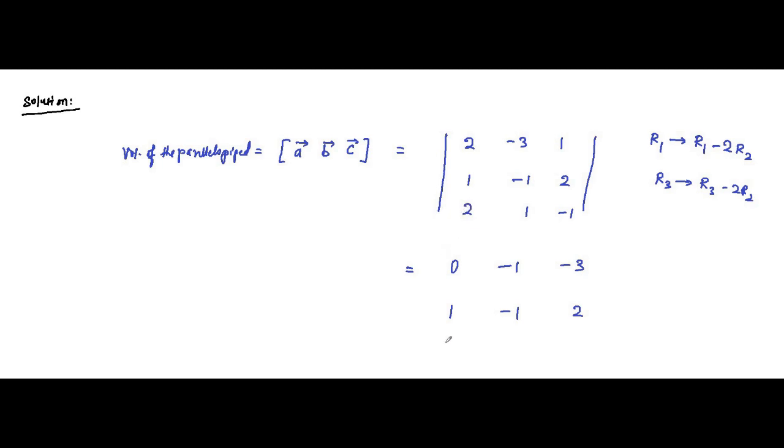So 2 minus 2, again it becomes 0. Then it becomes 1 minus 2 into minus 1, so it becomes 1 plus 2, so this becomes 3, and minus 1 minus 2 into 2, so minus 1 minus 4, that becomes minus 5.